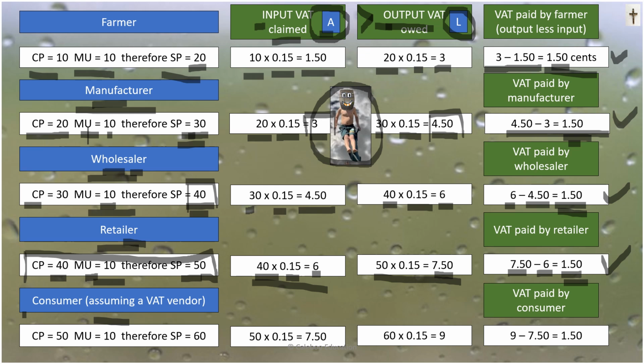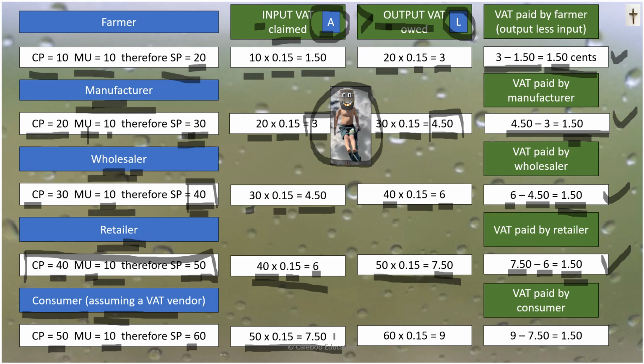Then I put in here the consumer, assuming that the consumer is a VAT vendor. I haven't mentioned what product we got here, but the consumer can claim, and the cost price then will be 50, markup 10, selling price 60. And once again we say to calculate the input VAT, the cost price times by 15% is R7.50.